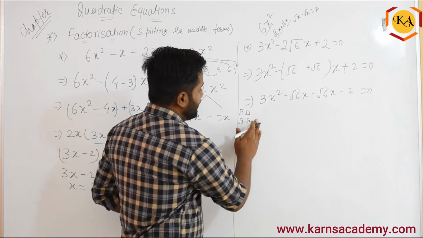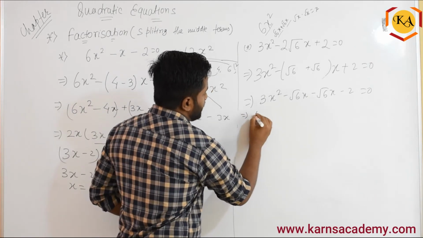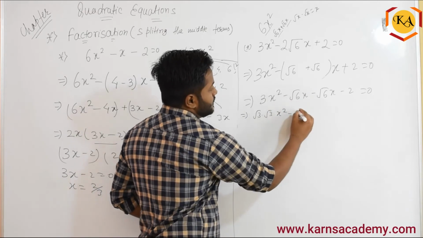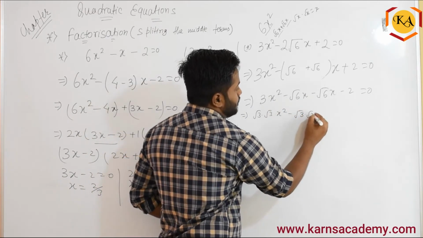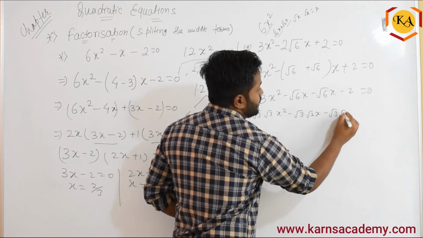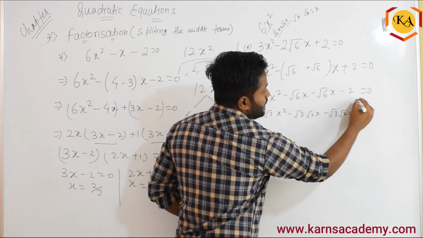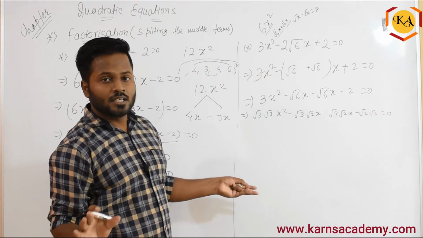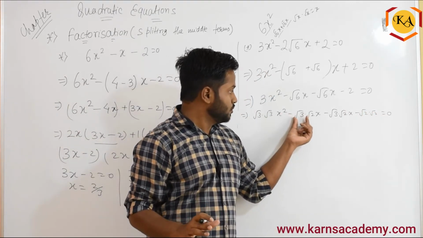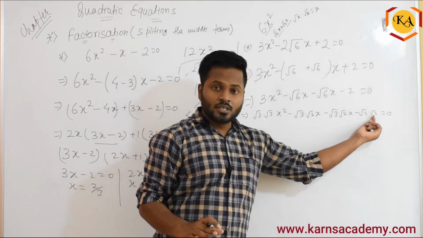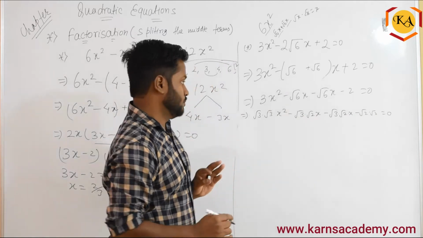So 3 I can write, let me just write here, root 3 into root 3 x square minus, this can be written as root 3 into 2 x. Similarly, this can be written as root 3 into root 2 x, and minus this can be written as root 2 into root 2 equal to 0. Can I write this? I told you 2 roots we can multiply inside, so 2 3s are 6, root into root will become normal 2.